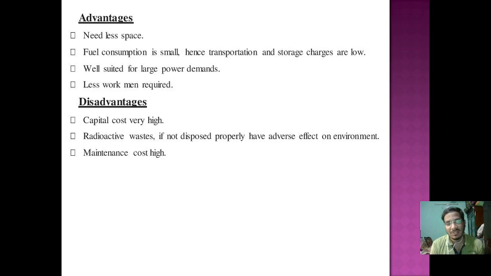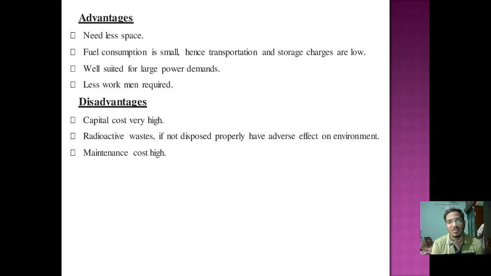What are the advantages and disadvantages of the nuclear reactor? Nuclear reactors need less space. Fuel consumption is small compared to others, hence transportation and storage charges are low.